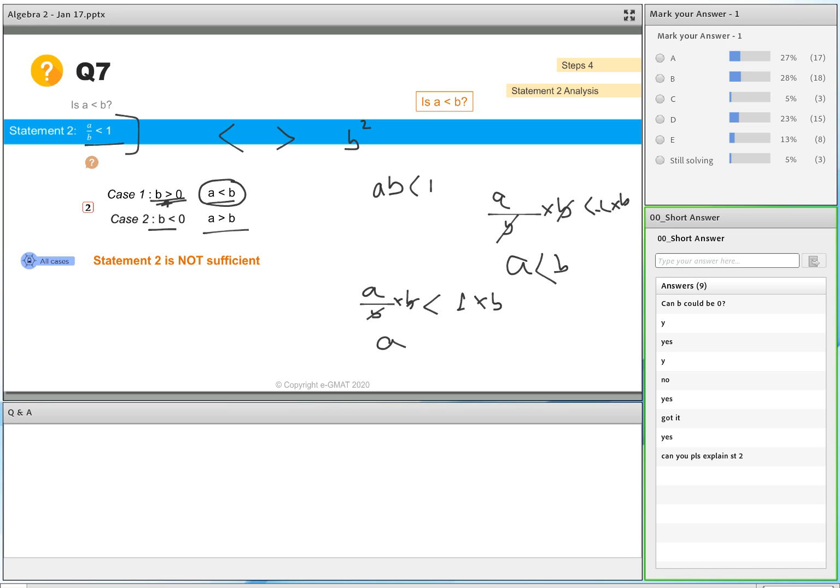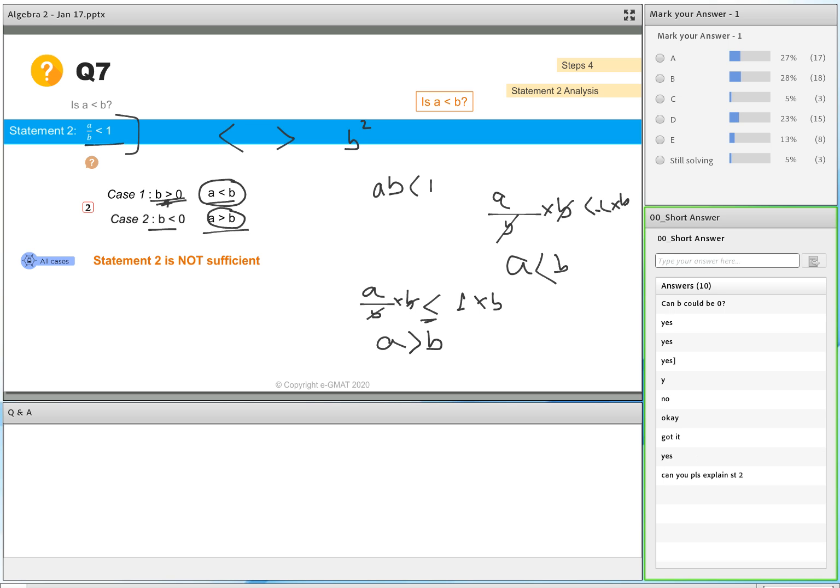I have a. Now, since b is a negative number, the sign of the inequality would change to a greater than sign, and then I have b. So from here, we say that a is greater than b. Is it clear, guys? People who had an issue previously, I hope it's clear, right?